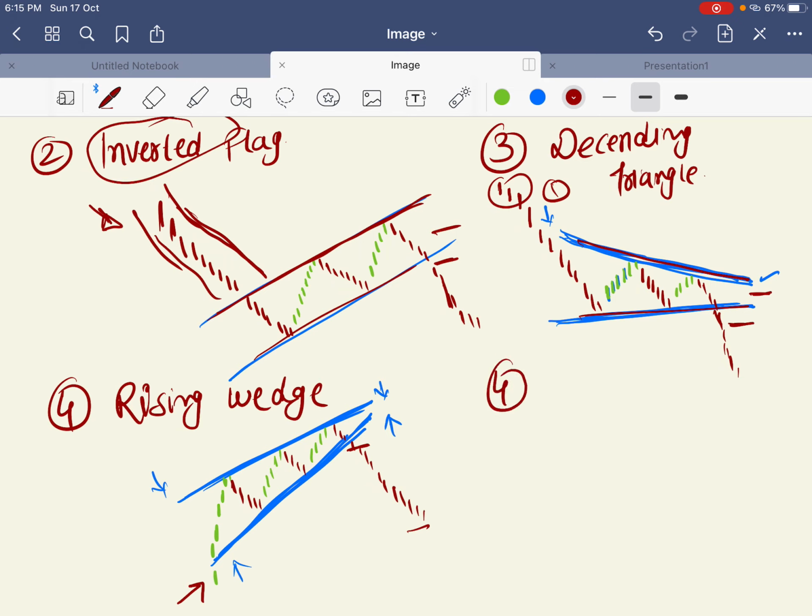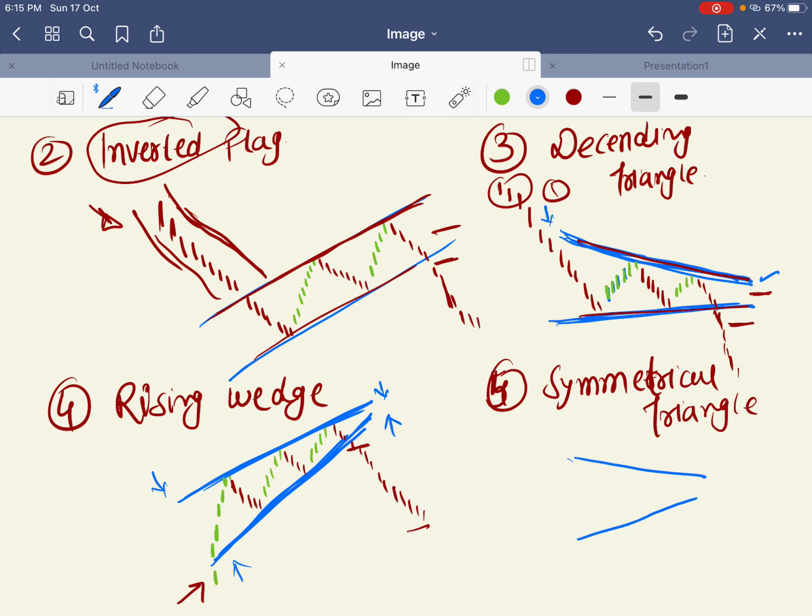Next is our symmetrical triangle. This is fifth. In case of symmetrical triangle, as the name suggests, it looks like a triangle from both sides like this.